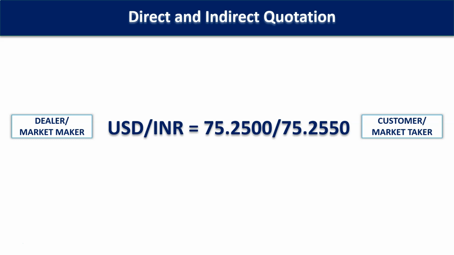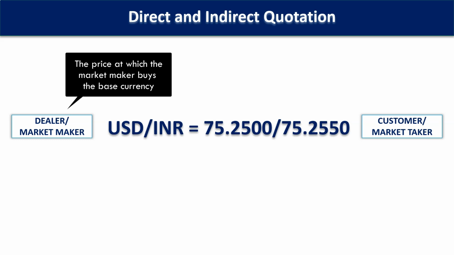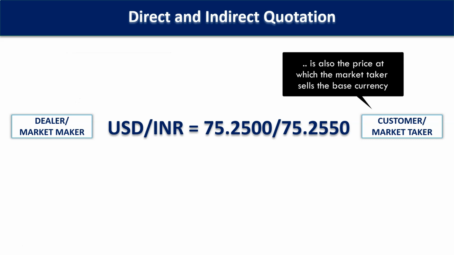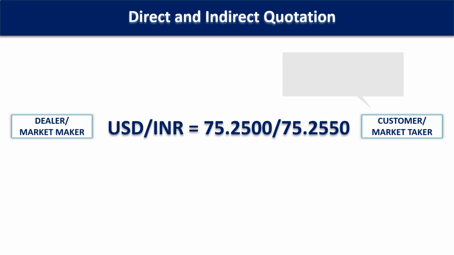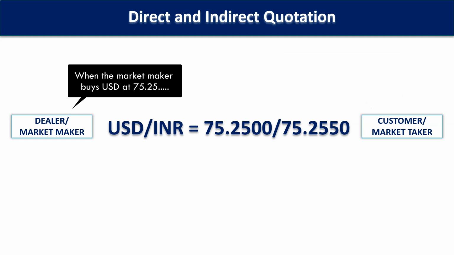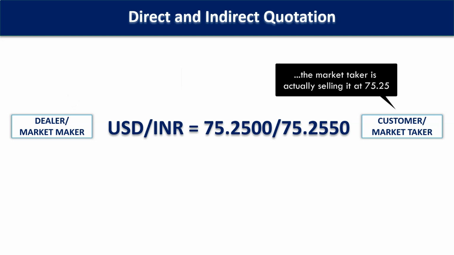Third, the price at which the market maker buys the base currency is also the price at which the other party or the market taker sells the base currency. So, when the market maker buys USD at 75.25, the market taker is actually selling it at 75.25.